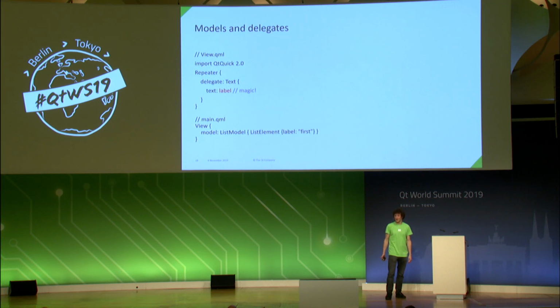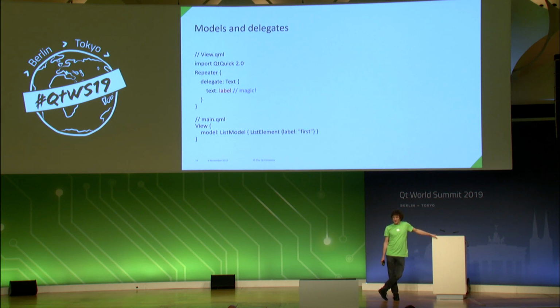Yeah, the delegate should be on the view, of course, not on the repeater. No, actually, it's right. Yeah, it is on the repeater. So this thing instantiates one item of text, and that receives the label.